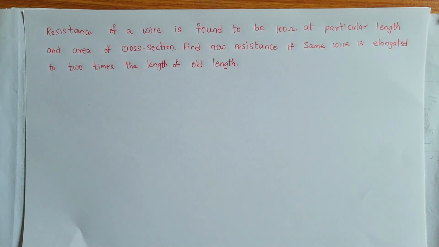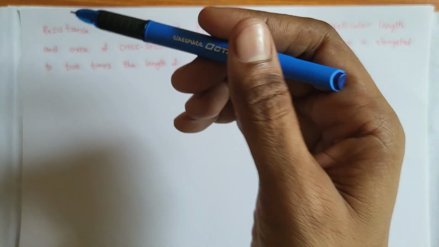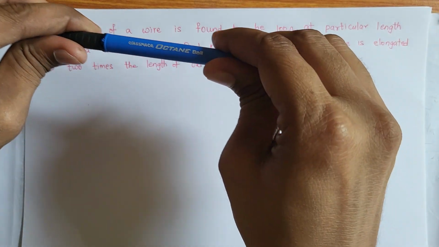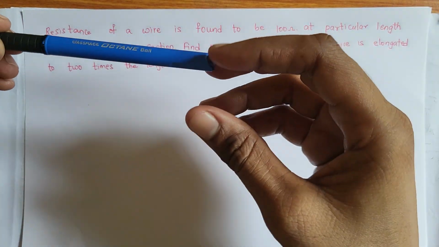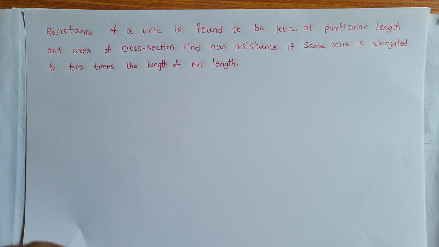Find a new resistance if the same wire is elongated to 2 times the length of the old length. Means the length is increased. Same wire, suppose this is a copper wire. You elongate like rubber, how you elongate, like that you elongated the same wire.